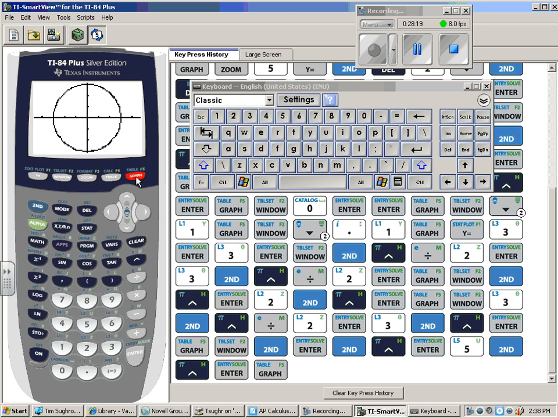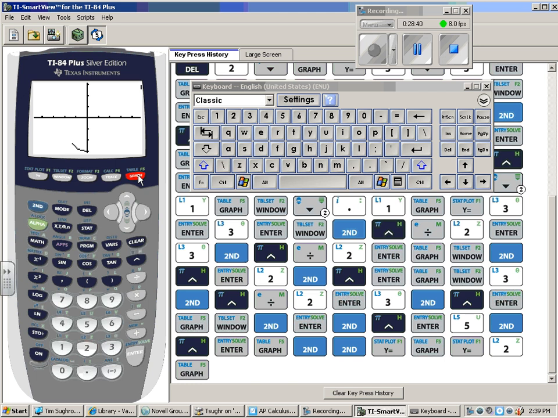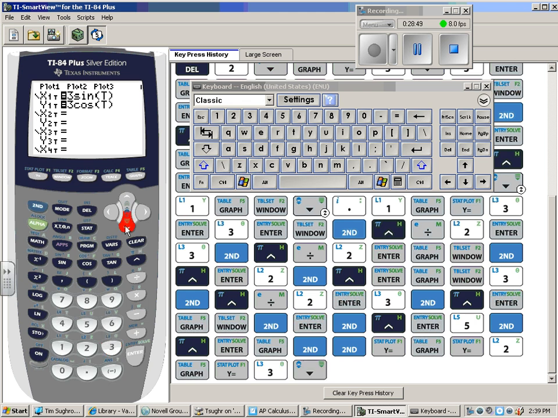We'll do it again. Go to Y. Kind of see if we can graph this thing again. I just had to change it so it will graph over it.